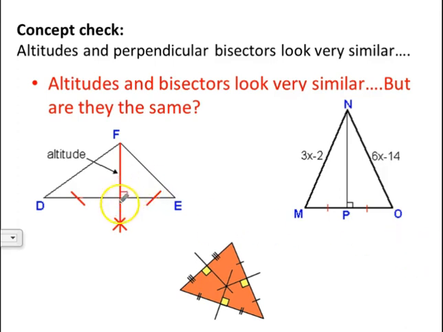So an altitude, remember, it intersects at a right angle, but it doesn't have to intersect at a midpoint, where the perpendicular bisector has to intersect at a right angle and divide the side into two equal parts. Where in an altitude, we don't have to divide that opposite side into two equal parts.